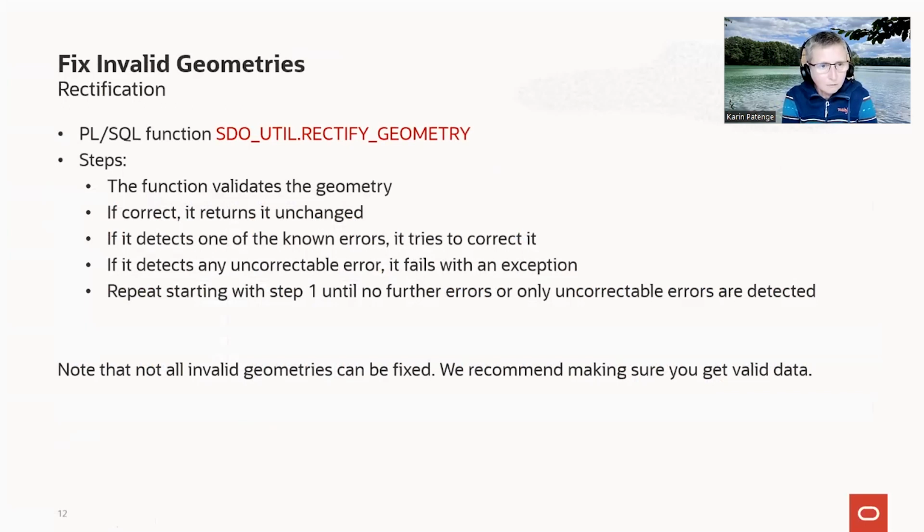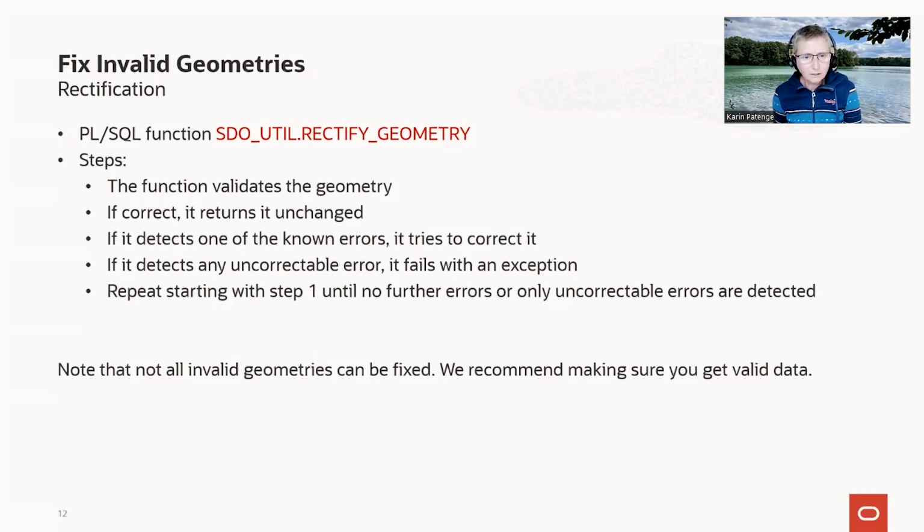One method to fix invalid geometries using Oracle Spatial features is to rectify a geometry. And this is part of the SDO_UTIL package. What the rectify geometry function does is it validates the geometry first, and if it's correct, the geometry remains unchanged. If it detects one of the known errors, it tries to correct them.